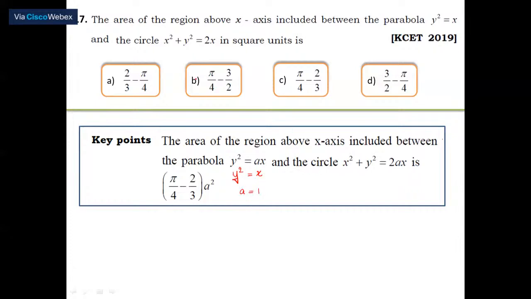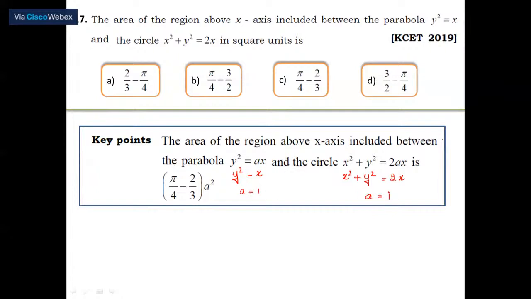And equation of the circle what here we have in our problem is x square plus y square is equal to 2x. So again value for a is 1.